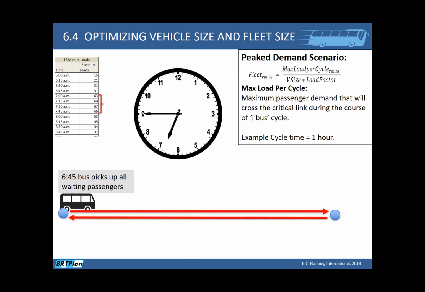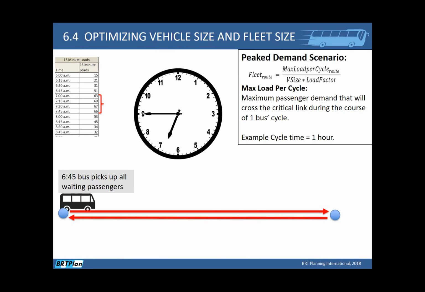It's picked up whatever passengers were there. And in the upper left-hand corner, you see these are all of our buses that are arriving at different times, and how many passengers are on them. And you'll notice that from 7 to 7:45 are the 4 buses that have the most people on them. So that period of time is your peak hour.